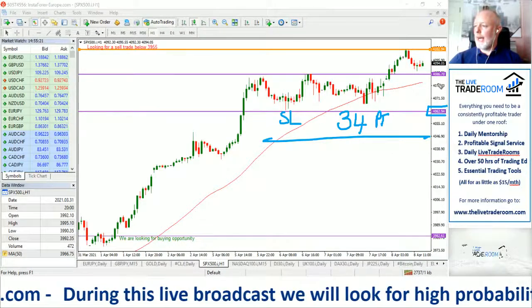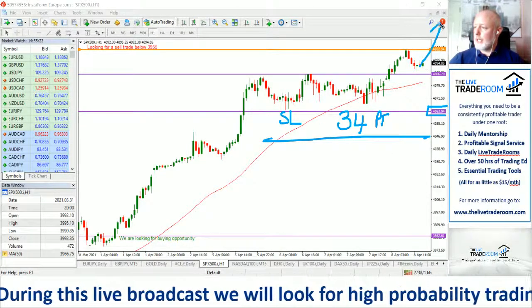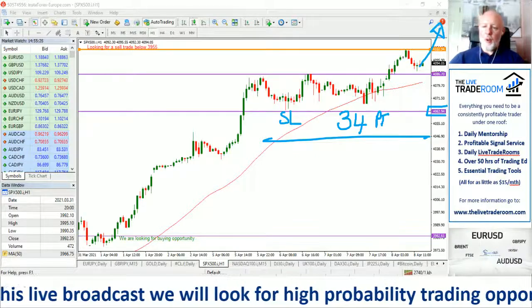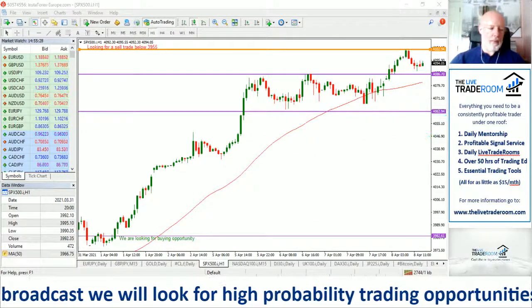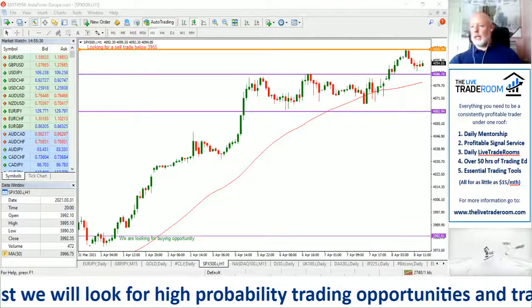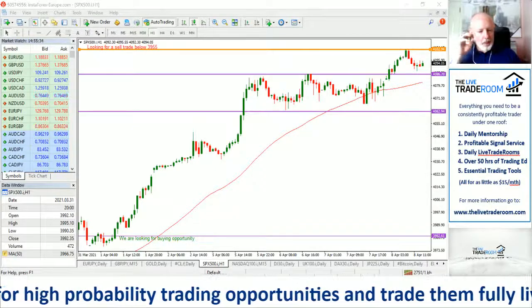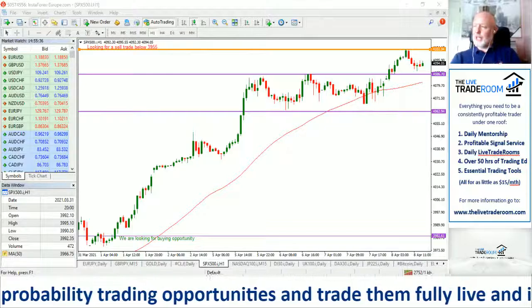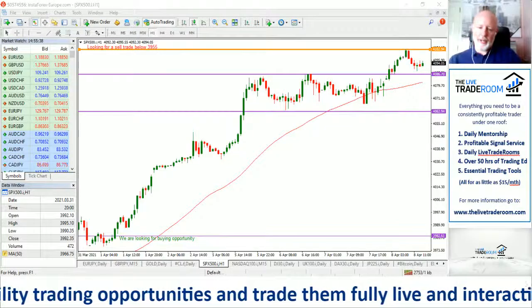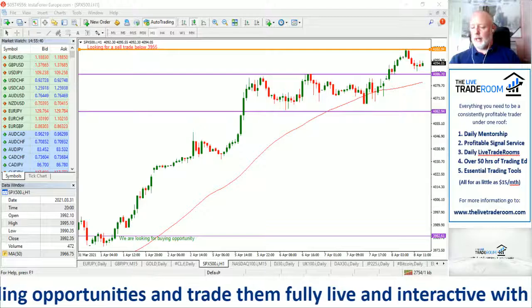That's what we'd be looking at to take this market to the next leg to the upside. And all the fundamentals are in place, and they have been for a good week or two, where we got almost a seal of approval for prices to just continue on up to the upside.